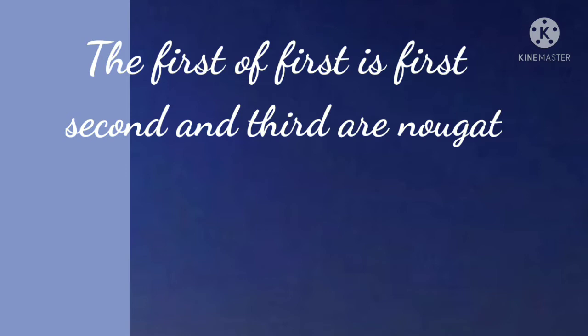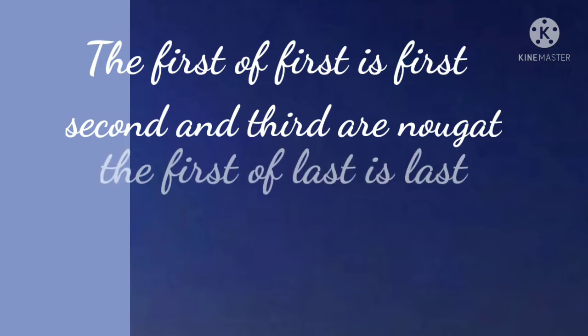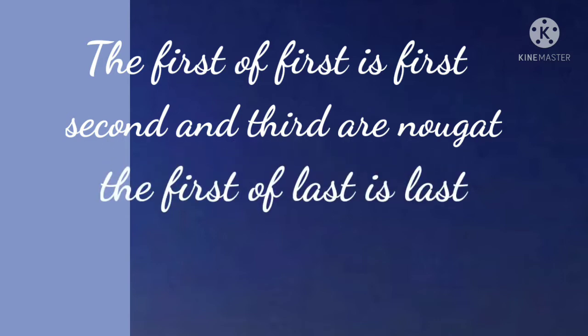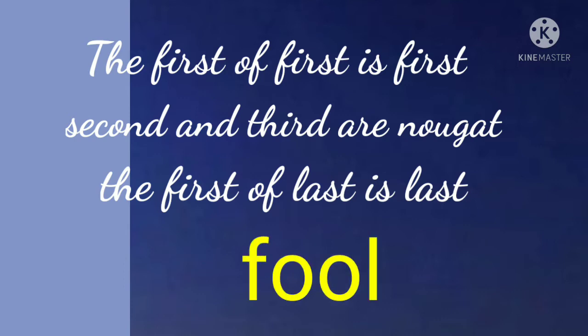Not means 0. 2 zeros. The first of last is last. The first letter of the word last is the last letter. So you get F00L. In other words, FOOL. The answer is fool.